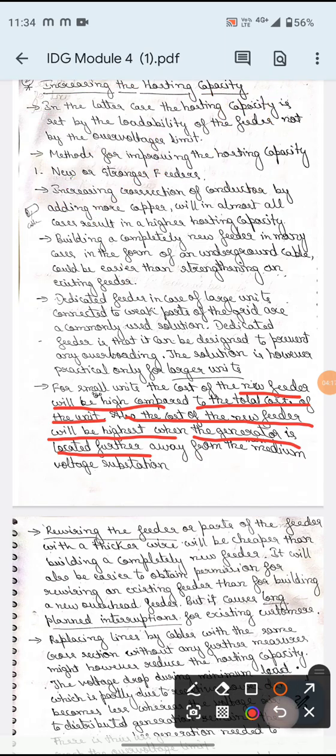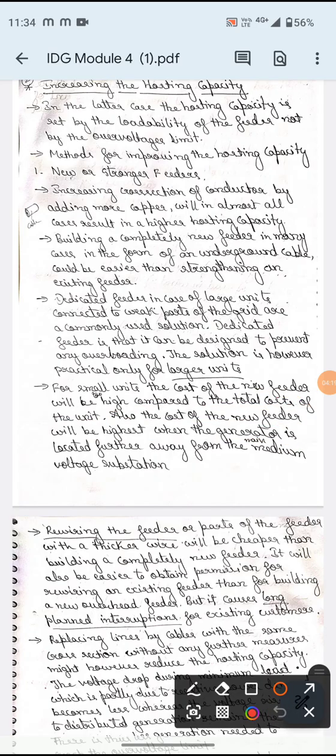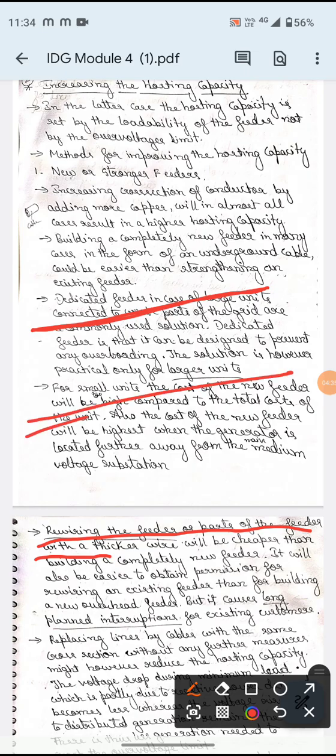So it is better to replace the existing one or rewire the feeder. Better to rewire the feeder or parts of the feeder instead of a small cross section cable. If it is less, we should increase the cross section of the cable, okay.